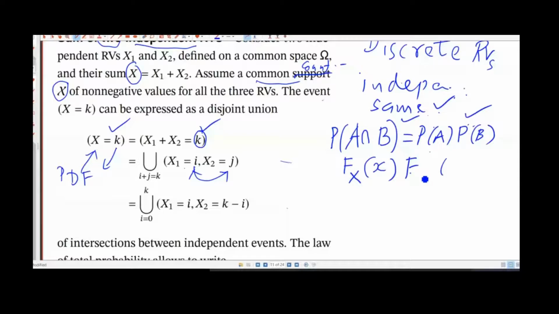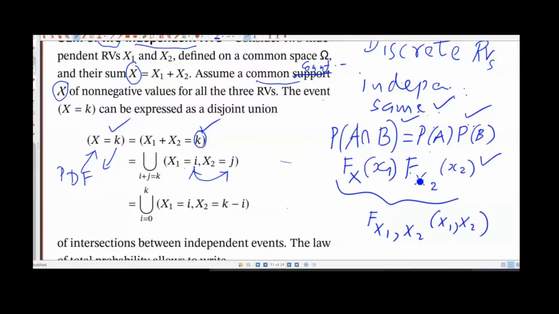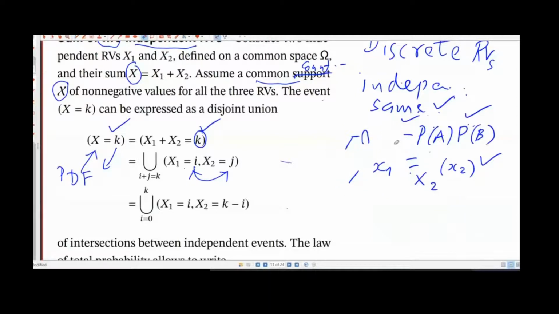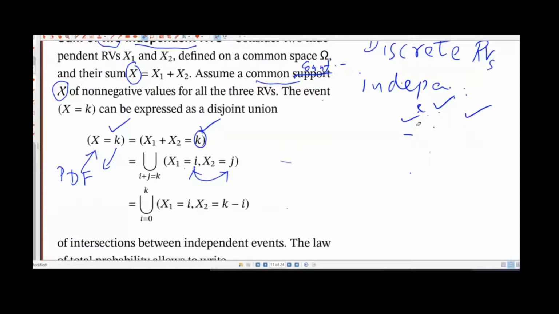Let's say you evaluate this at x1 and you evaluate this at x2. This must equal the joint distribution. I told you about this in one of the lectures. Joint distribution must equal this product. And when you have that, you have independent random variables. They may or may not correspond to independent trials. Of course, you have to be inventive to come up with those, but it is possible.